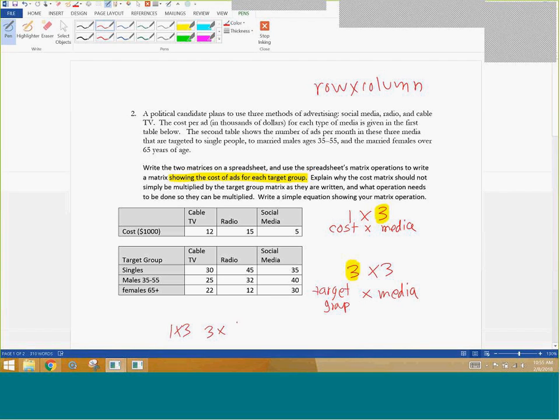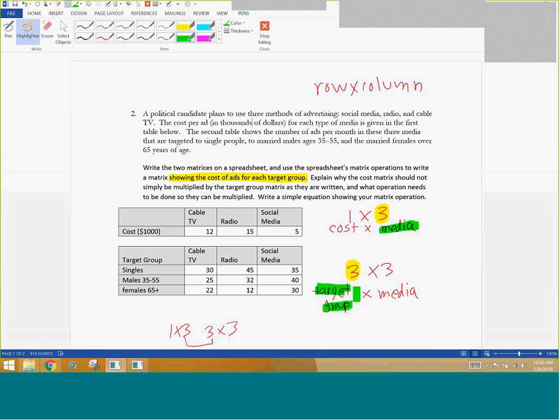With the 3 by 3, you might think that looks okay and that you can multiply them because those inner two are the same. The ones highlighted here are the same. But look closer, because this is media and this is a target group. If I multiply these as they are, this column is talking about media, where these 3 rows here are talking about target groups. I won't get a matrix that makes any sense with what we're talking about.